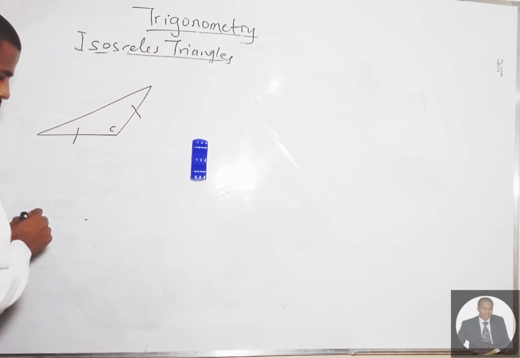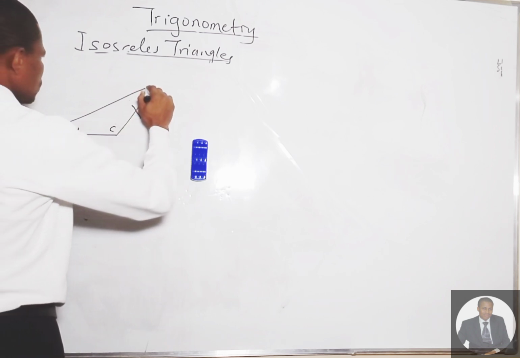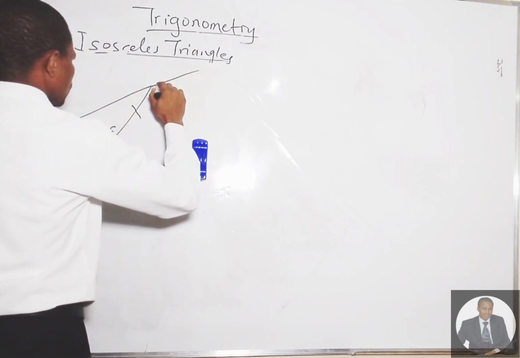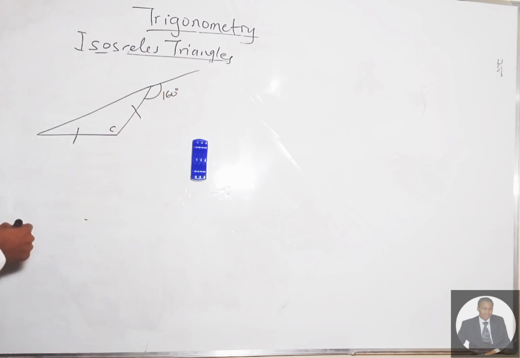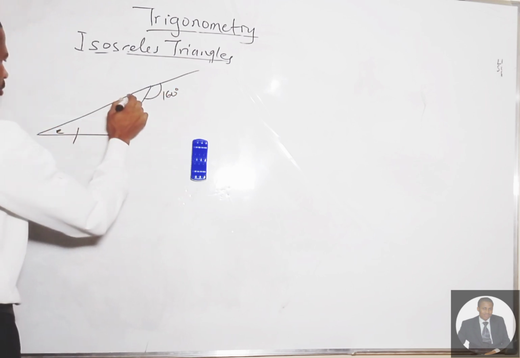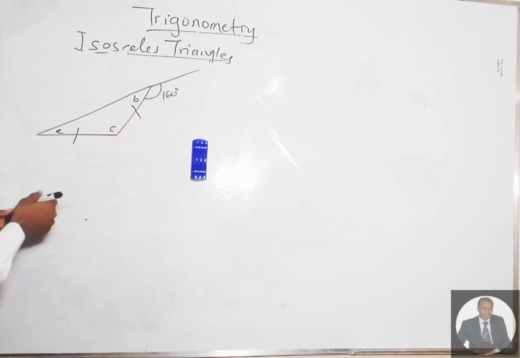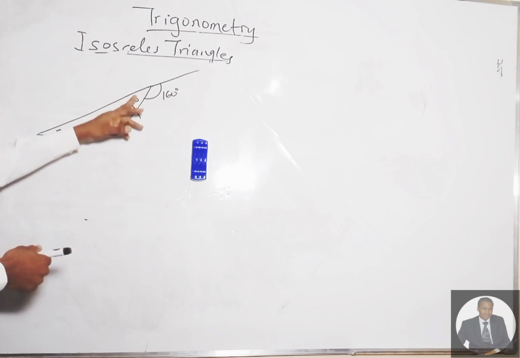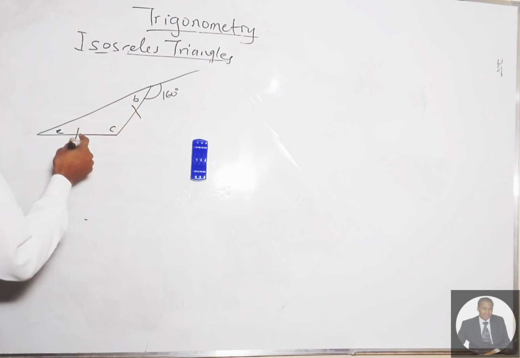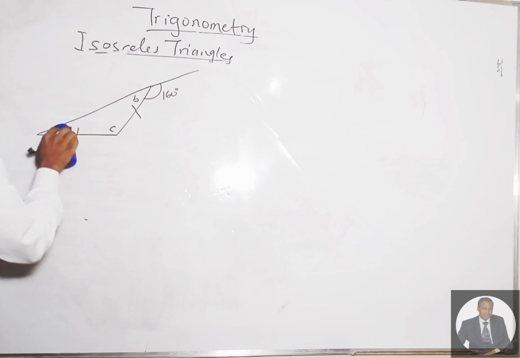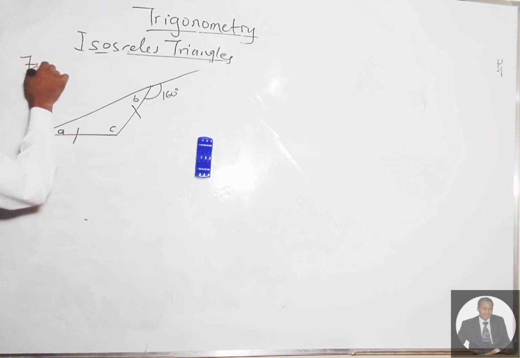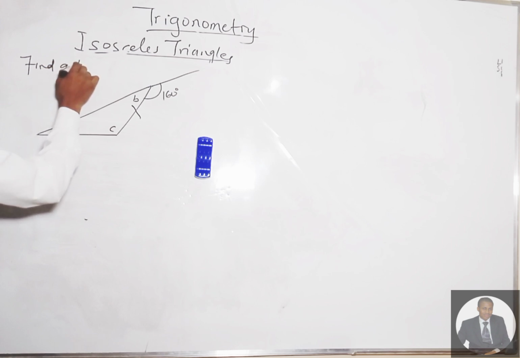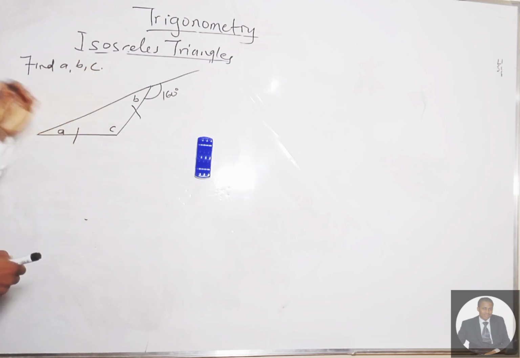This one is 60. We are asked to find A, B, C. How do we do a question like this?